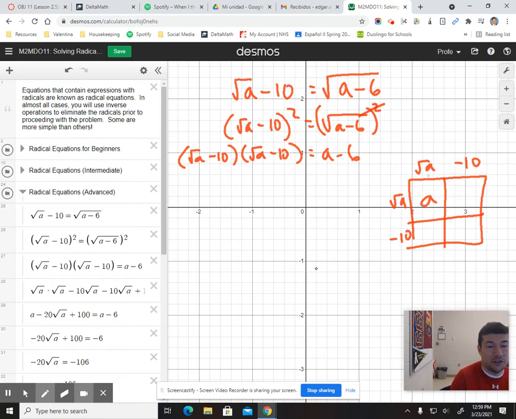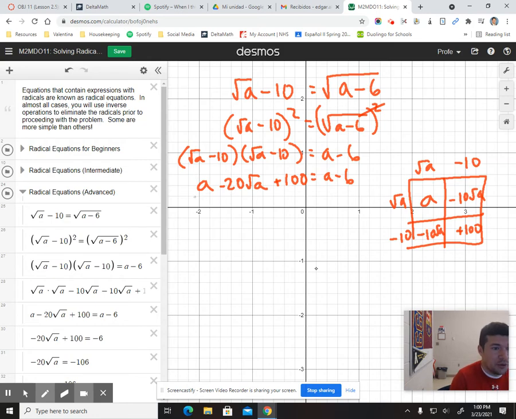It's technically the square root of a squared, just a. This is minus 10 square roots of a, and this is minus 10 square roots of a, and this is plus 100. So I'm going to say this is equal to a minus 20 square roots of a plus 100 equals a minus 6. Let's see what we can do. Maybe there is a solution. We'll see.